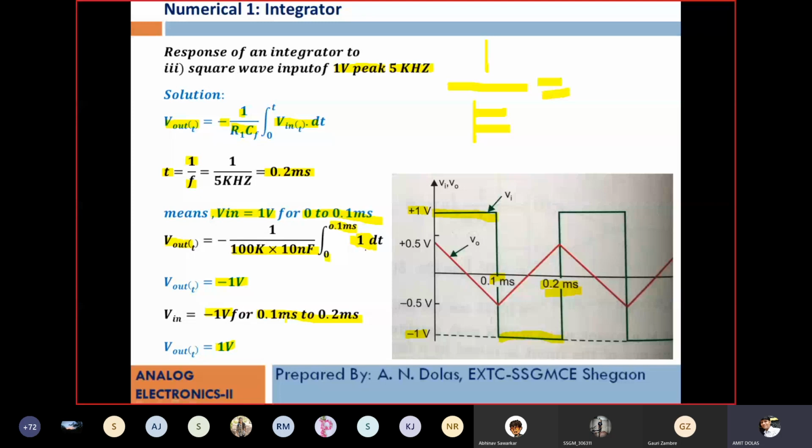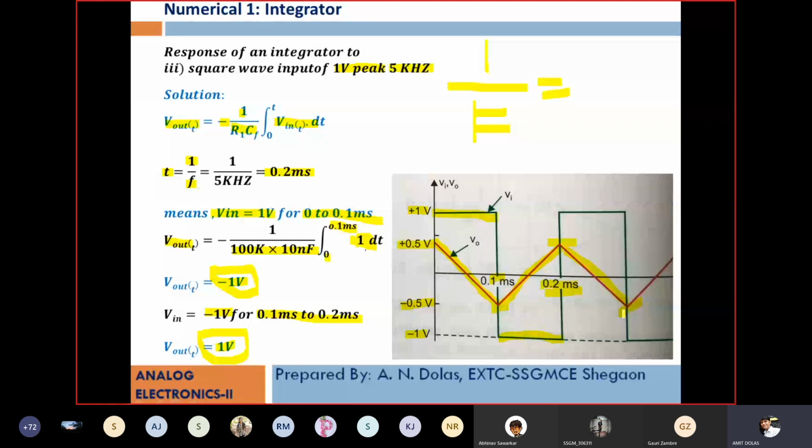So initial output को consider करके 0.5 volt से start होता है, it goes to -0.5 volt. So transition जो है +0.5 से -0.5, it is of 1 volt. Again it will move from -0.5 volt to +0.5 volt. So it is also a transition of 1 volt towards the positive direction. Again there is a transition of 1 volt towards the negative direction. So this is how, if the square wave is applied to an integrator, it will provide you the triangular wave.